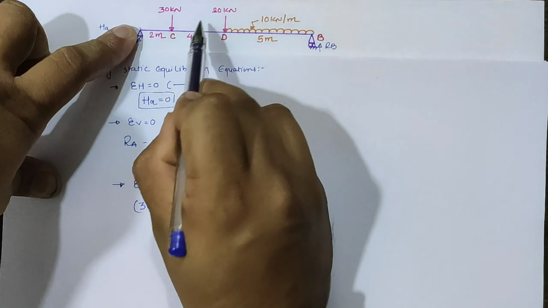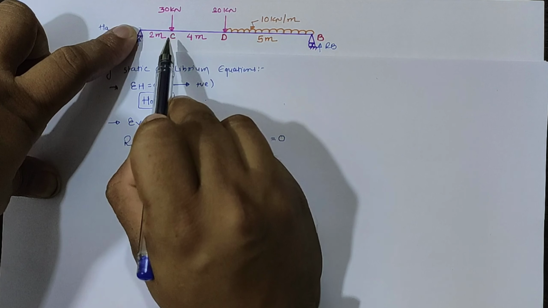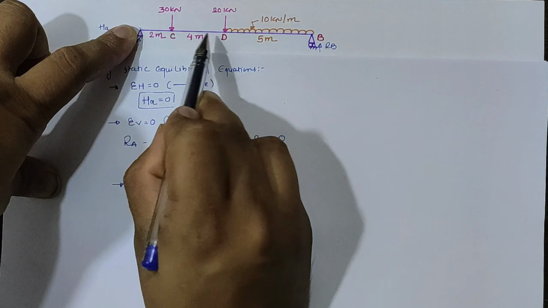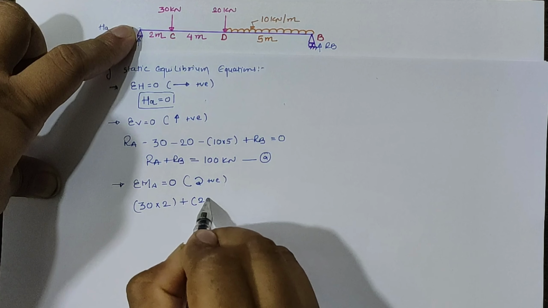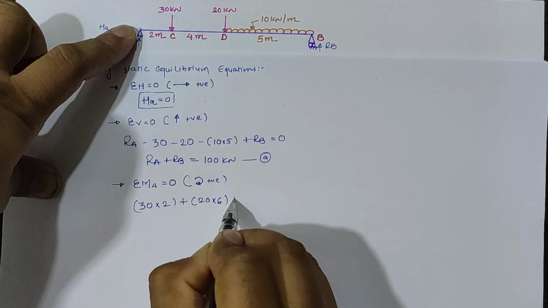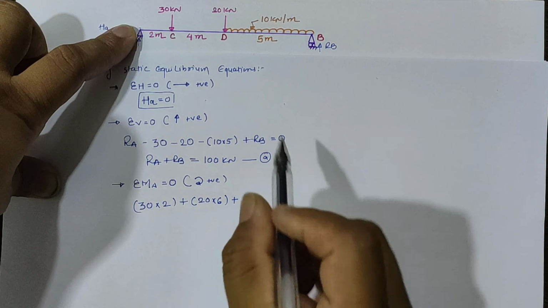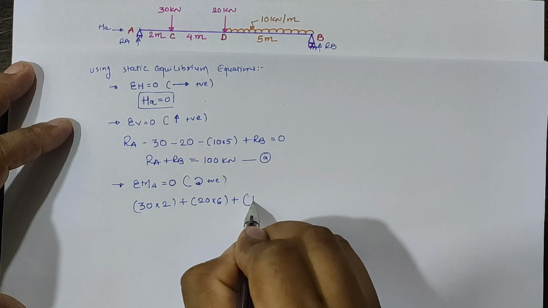For the 20 kilonewton load it is also a clockwise moment, hence 20 into the total distance of 6 meter, so plus 20 into 6. Now the UDL is also clockwise, but for the UDL we have to multiply the total load with the distance of its CG.